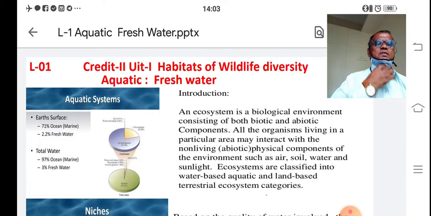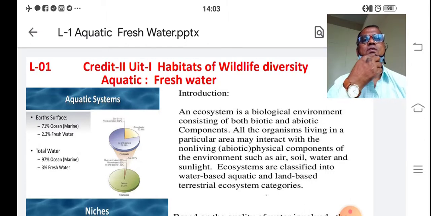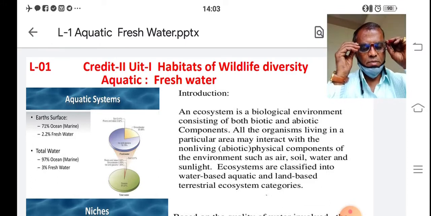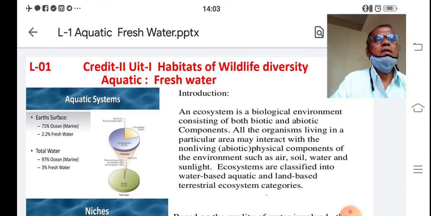In botany studies, we have ecological study, but a detailed study was not there, and therefore in such study we give maximum weightage to plants. Animals are also considered, but for example, we have to give the habitats of wildlife diversity, particularly in the aquatic habitats.